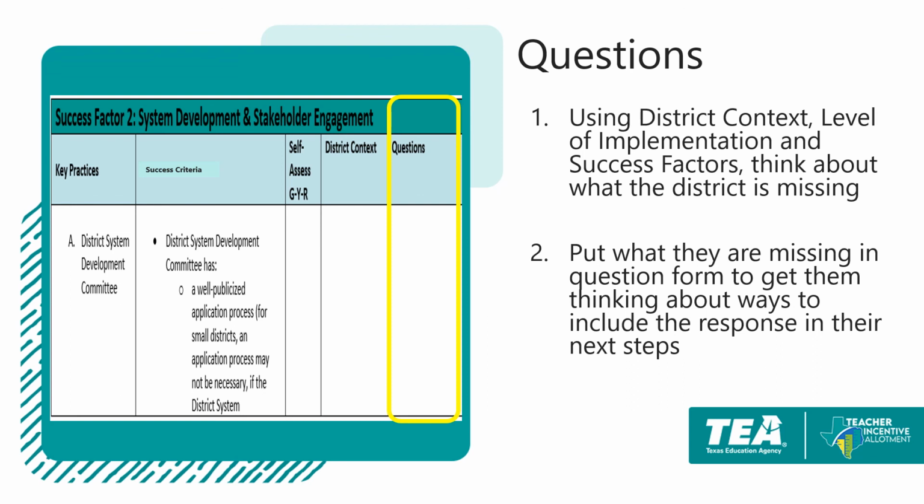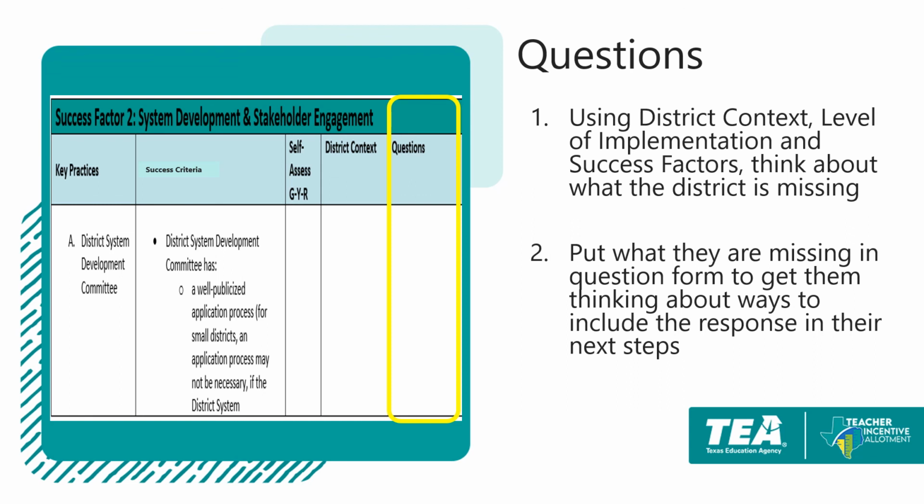Now, regarding our questions, there are two very important points to consider when crafting questions for a district's Readiness Self-Assessment Guide. The first point is whether the district context, level of implementation, and success factors are aligned.